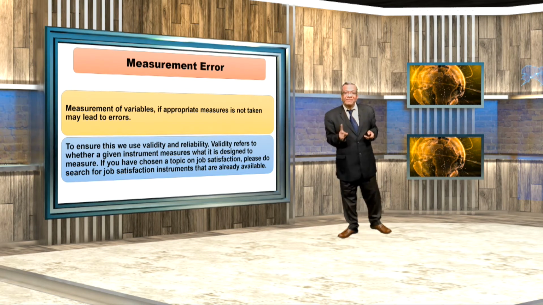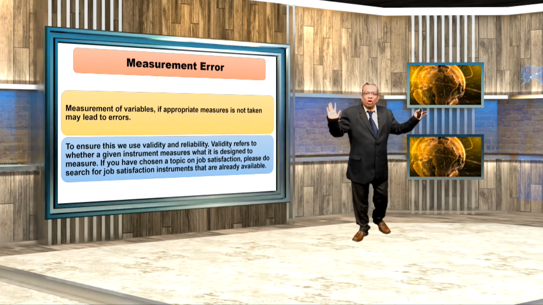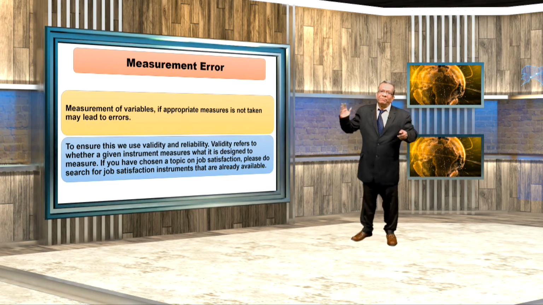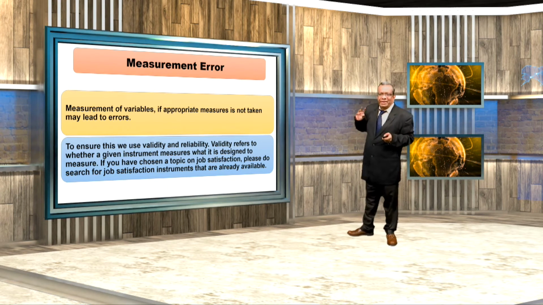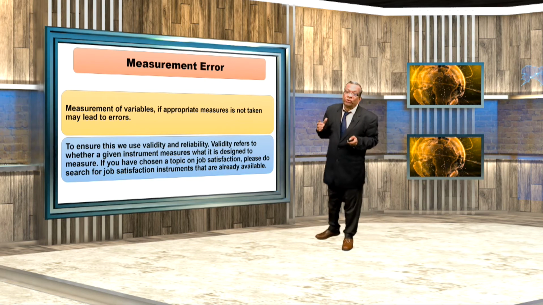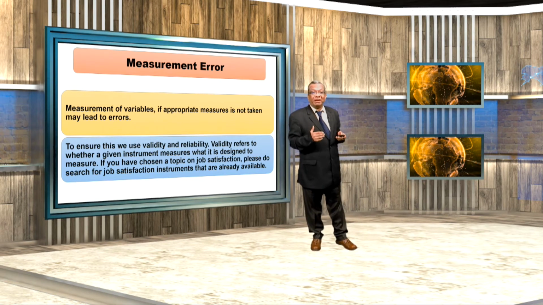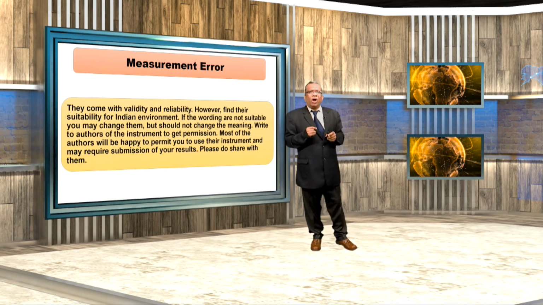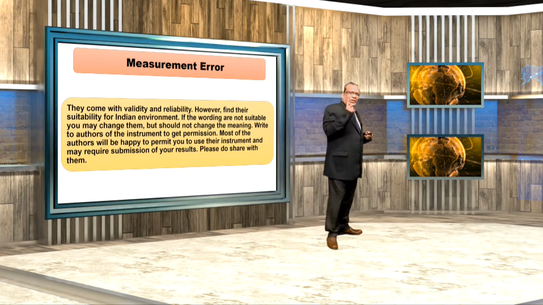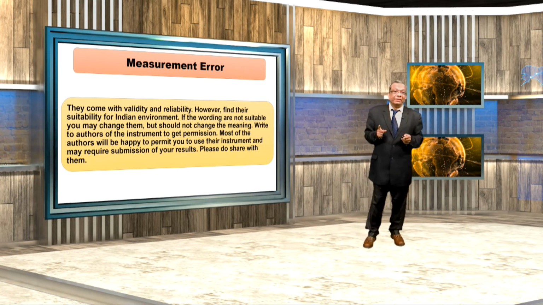But this does not mean that you should hold on to that instrument. If that instrument has to be worded a little differently so that it suits the Indian environment, it is better. If the wording is not suitable, you may change it, but you should not change the meaning.